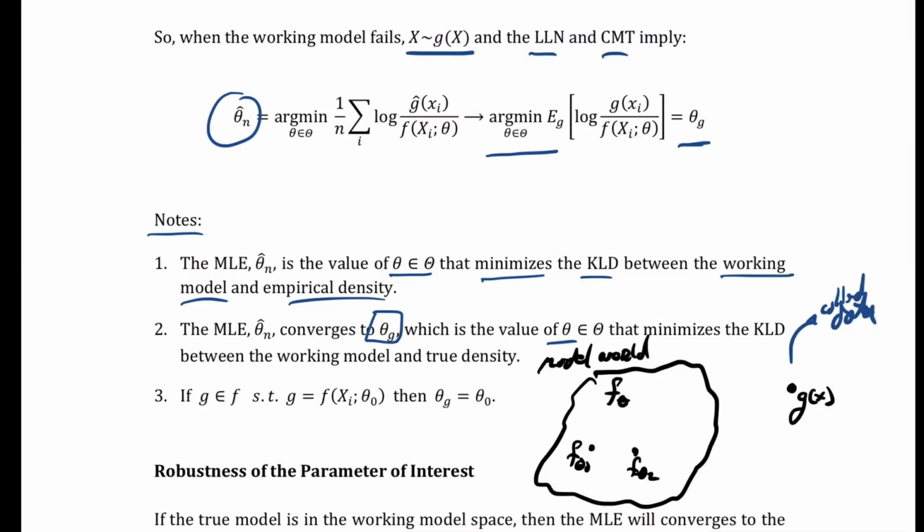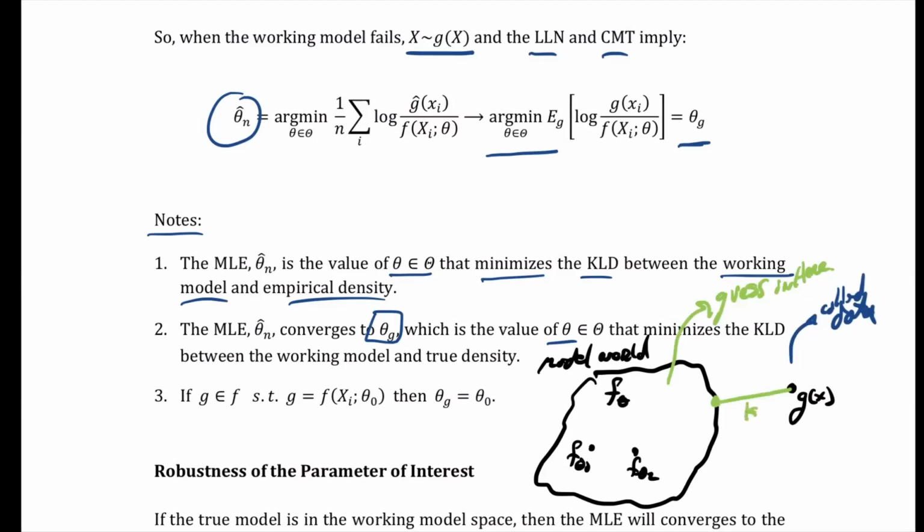Your guess must be in the black thing, because you're forcing yourself, you're assuming that your guess is going to be in the model. So what's the closest guess? What do you pick? Well, I would pick this point right here. That point is closest to that point.